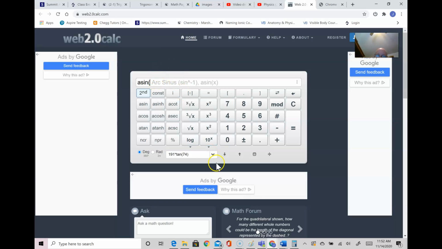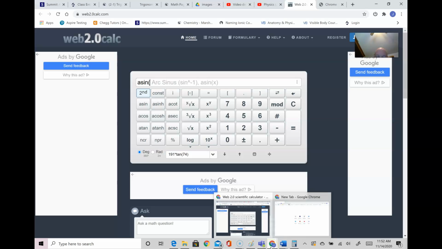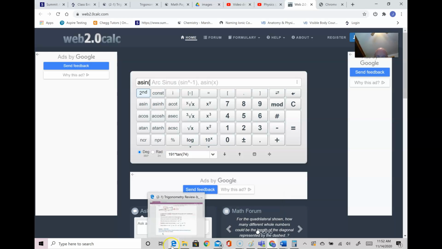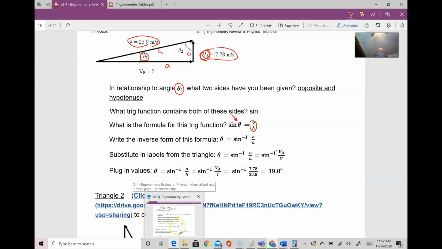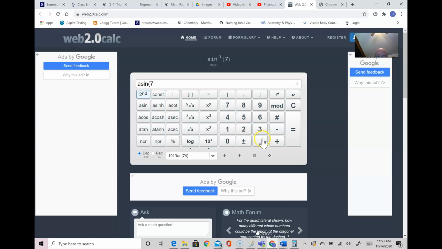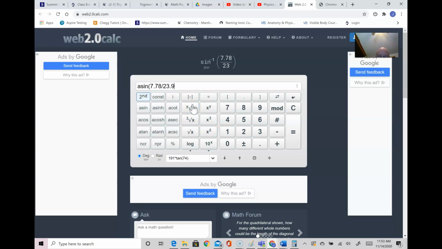But either way, the values that I need here are going to be, let's see, 7.78 divided by 23.9.